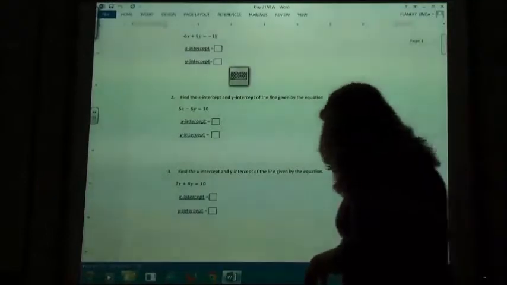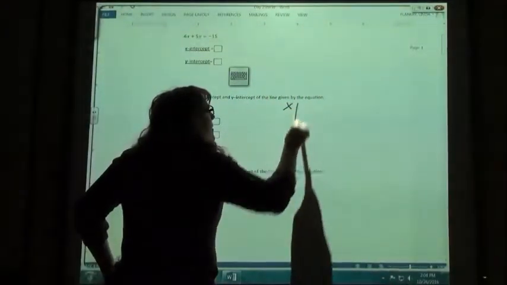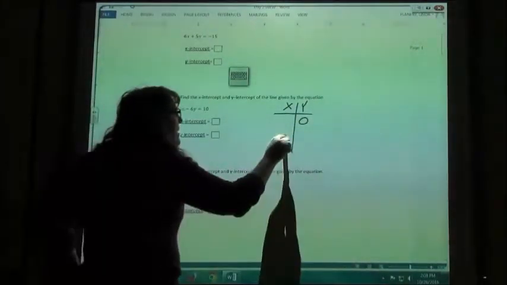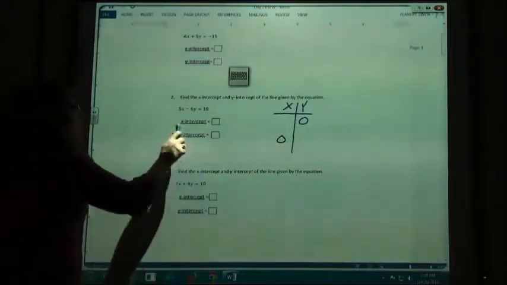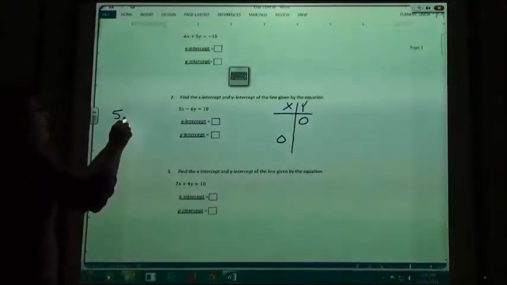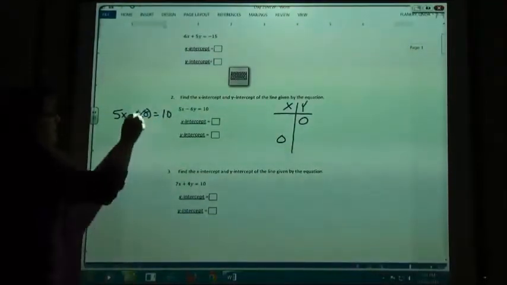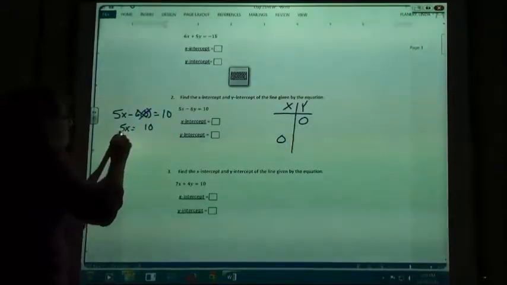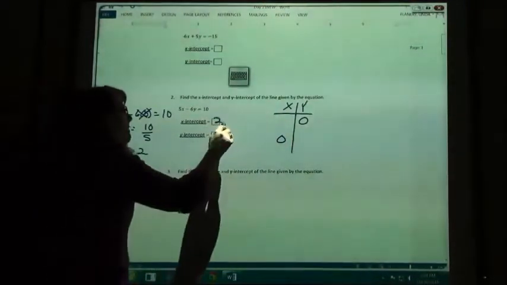Number 2 then, doing the same thing, finding my x and my y-intercept. So I'm going to put 0 in for y to find my x-intercept, 0 in for x to find my y-intercept. So for my x-intercept, 5x minus 6 times 0 equals 10. This cancels out, so I'm just going to have 10 divided by my 5, which is 2.